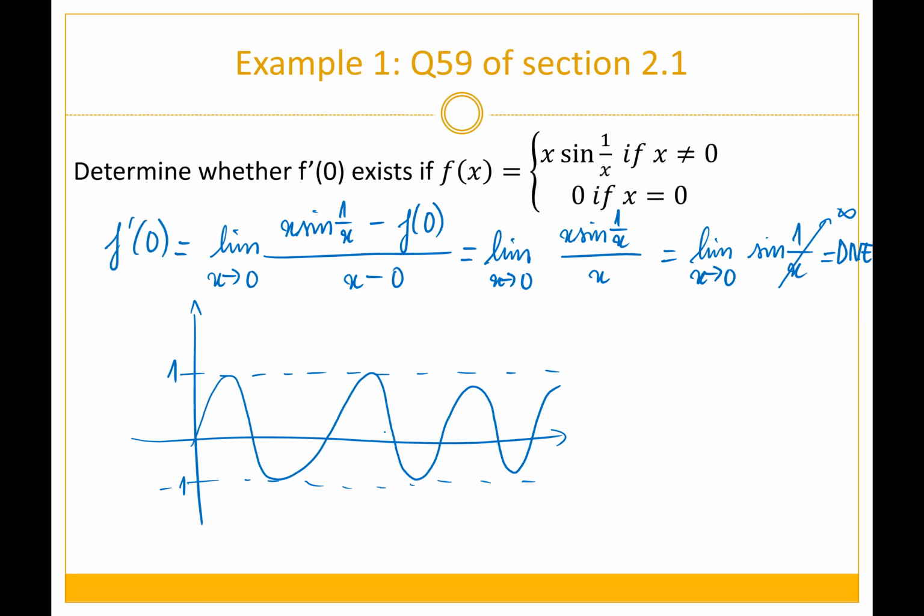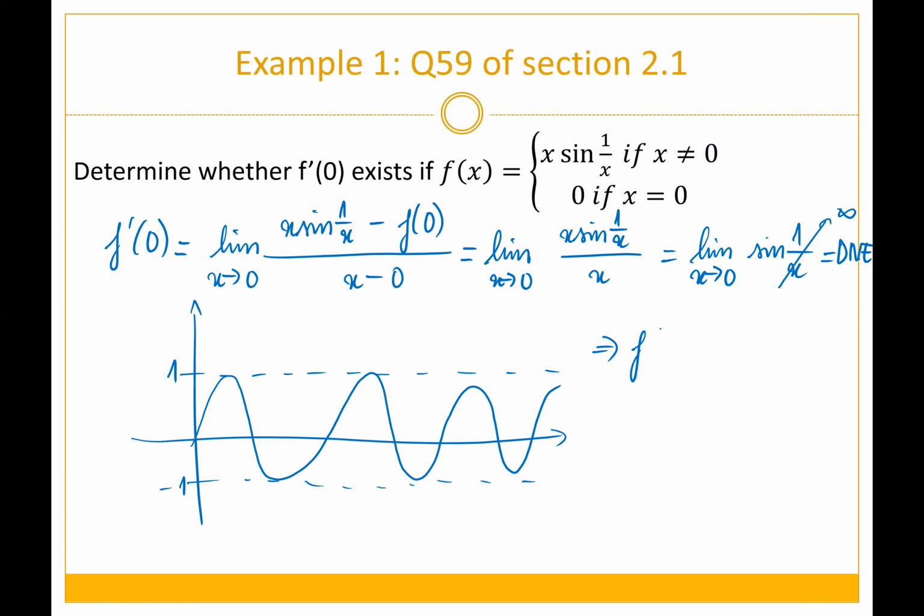So when the angle becomes very big, either positive or negative infinity, the value keeps fluctuating. It doesn't stop at a single point. Therefore, we say that the limit doesn't exist because it doesn't approach any specific number.